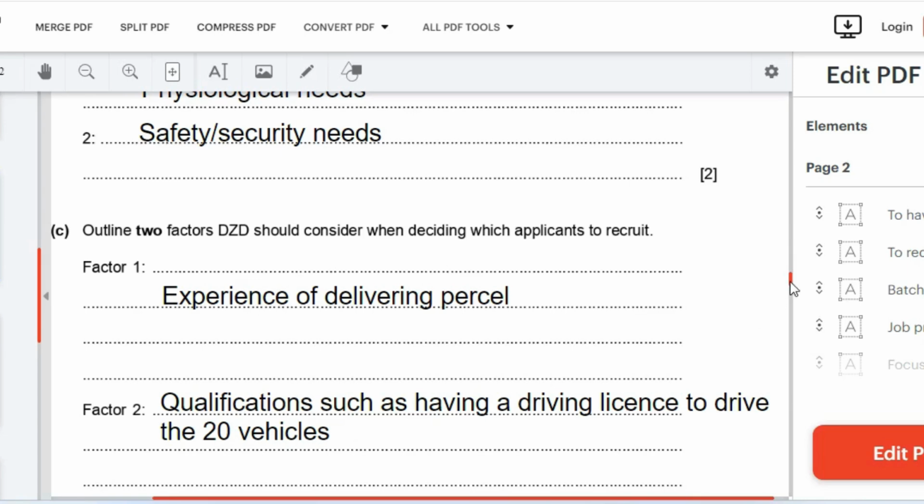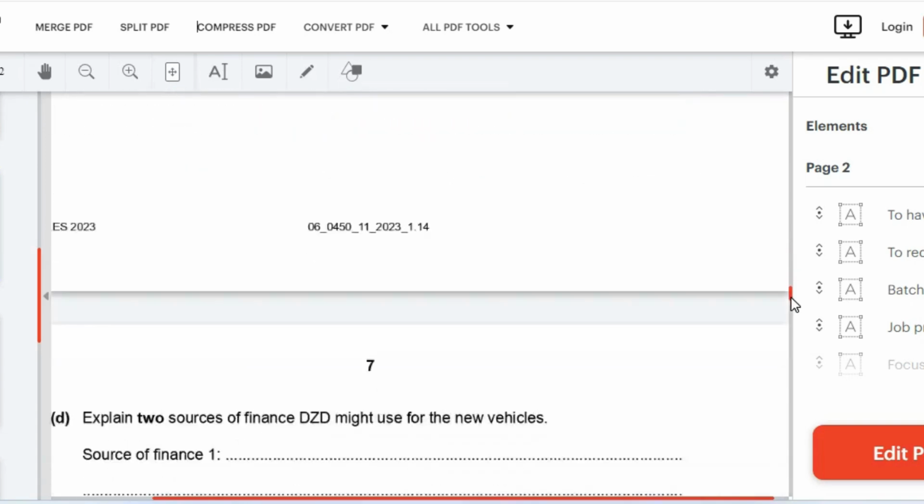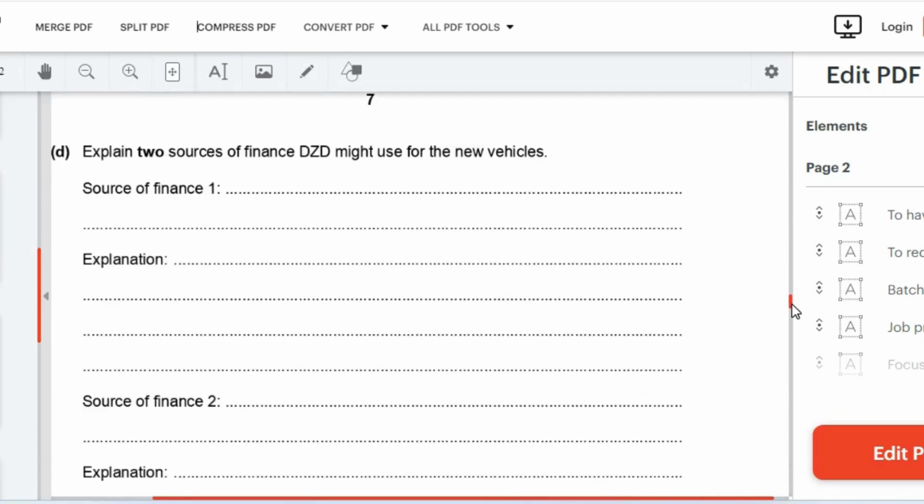Now let us move to the next question. We have 3D. Explain two sources of finance this ZZ might use for the new vehicle that they are about to introduce.